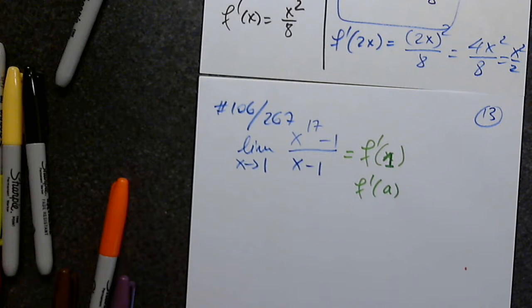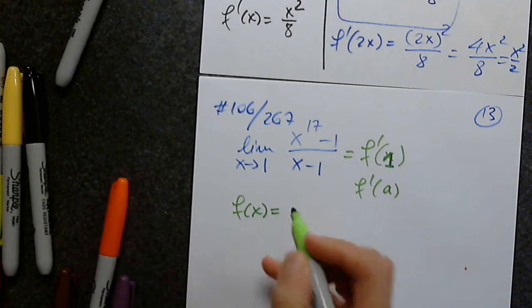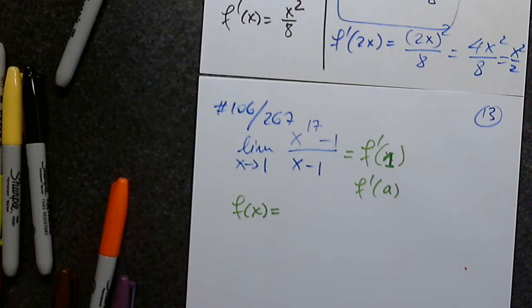This is the definition of the derivative at a particular value. It's not going to be a function, it's going to be a number. So which function are we looking at? So I can differentiate it and then plug in 1.